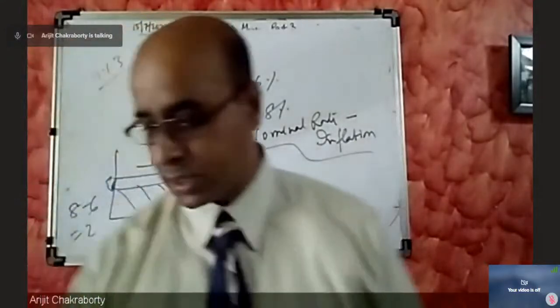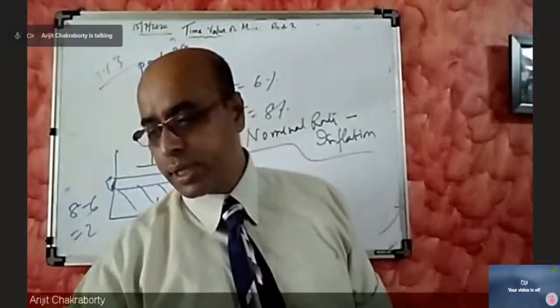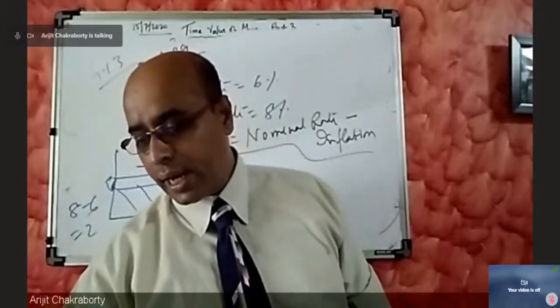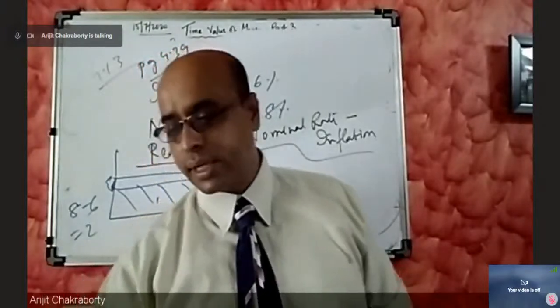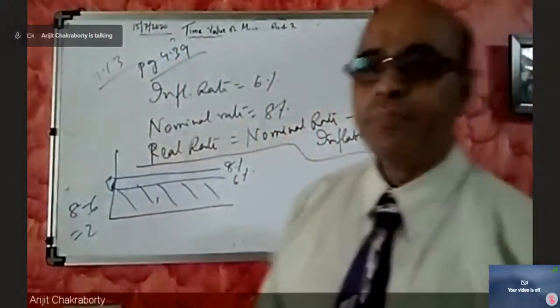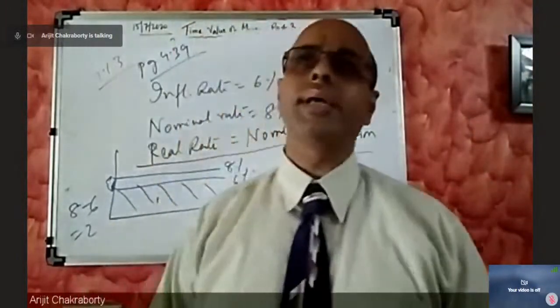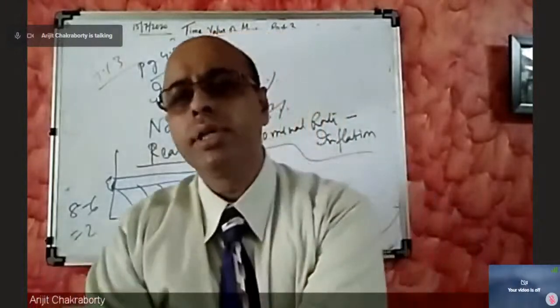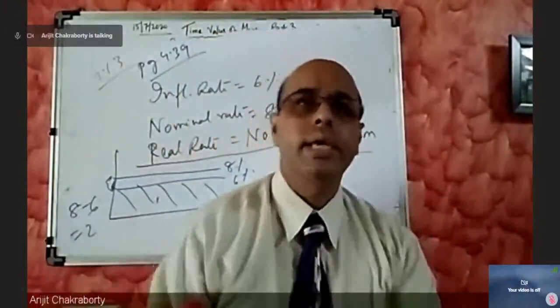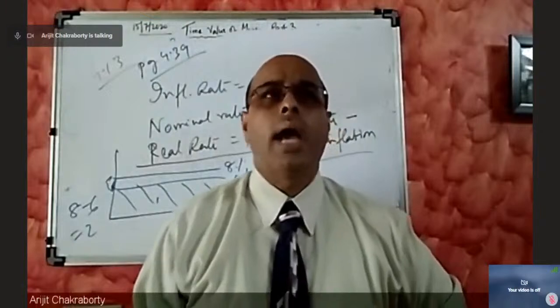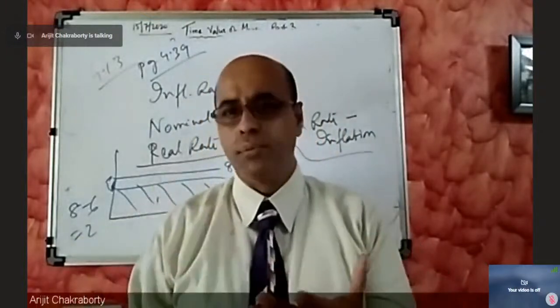Last is the compounded annual growth rate, and I'll just take an example to show it. Compounded annual growth rate we always use to show the performance of a company. Say what is the annual growth rate in terms of revenue.